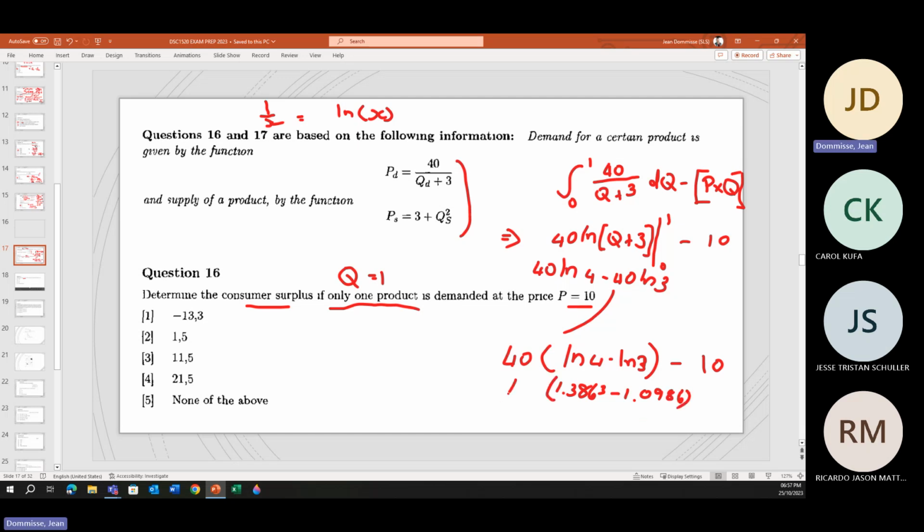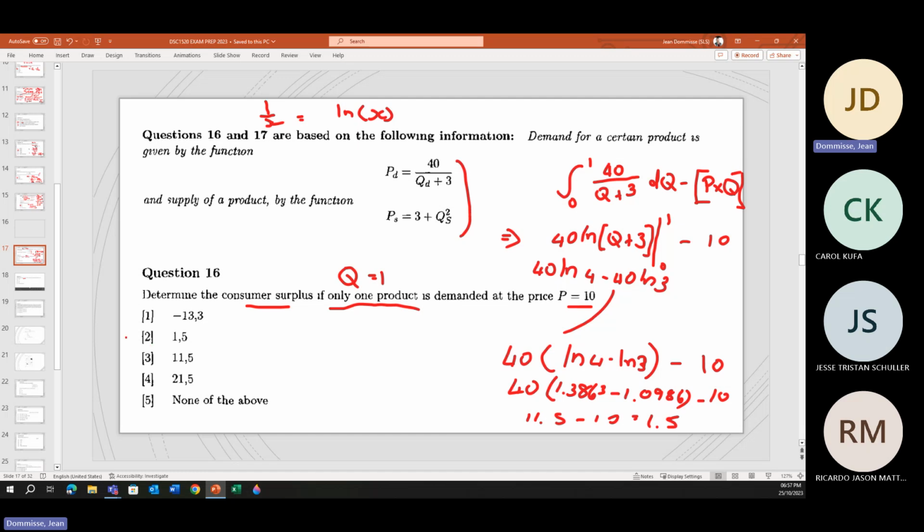If we subtract those two and multiply by 40, 0.2877 times 40 is 11.5, minus 10, so 11.5 minus 10 is equal to 1.5.